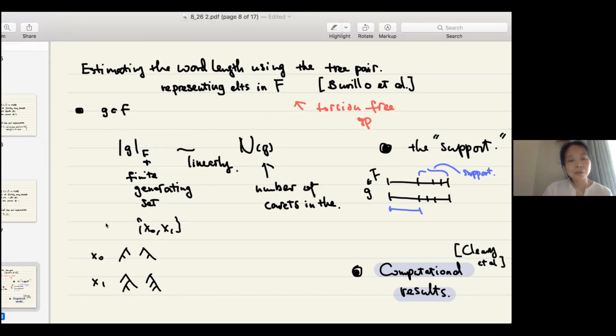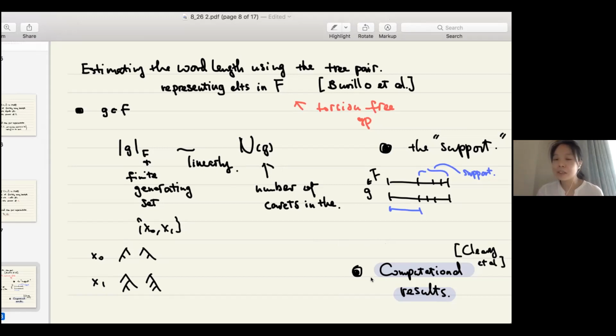And there's a relationship between the word length and the number of carets representing the tree, and they're actually linear.